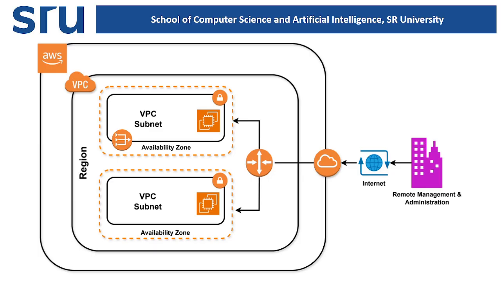In this session, I will walk you through what a VPC is, why it is so important, and then give you a step-by-step demonstration on how to create a VPC with subnets, an internet gateway, and routing. By the end, you will clearly understand how to design and set up your own virtual network inside AWS.